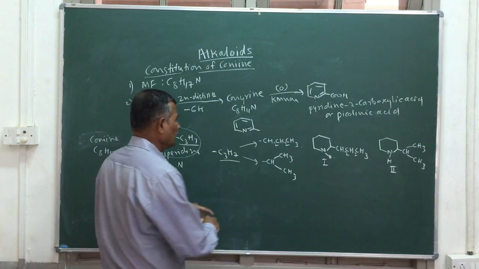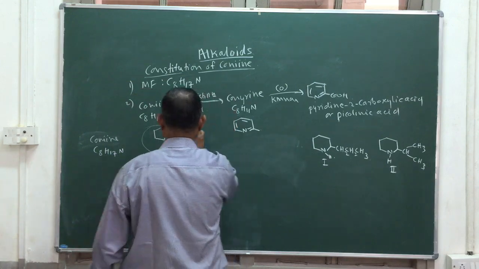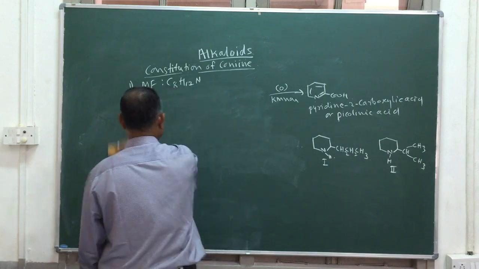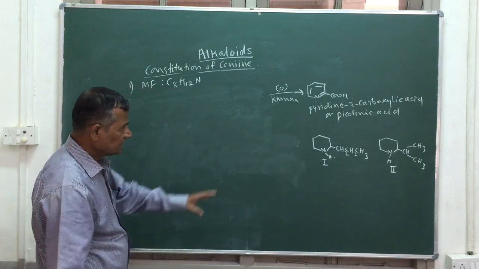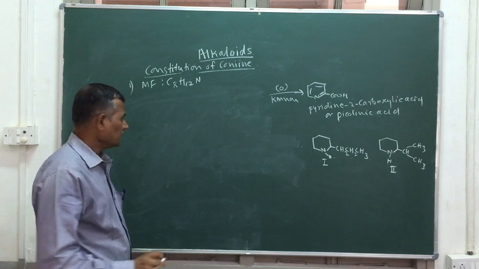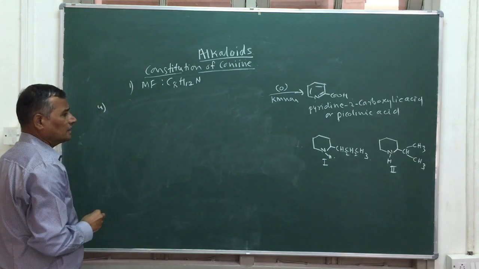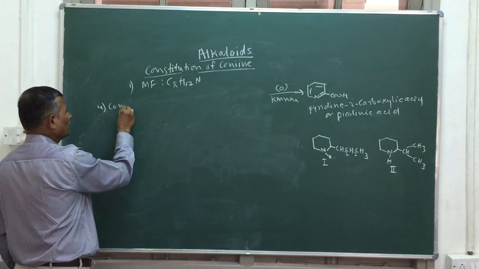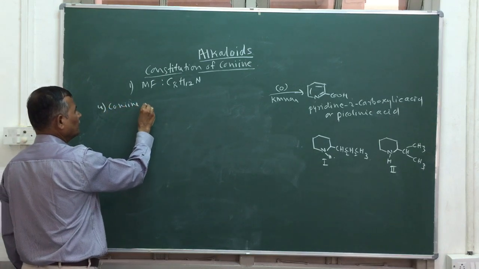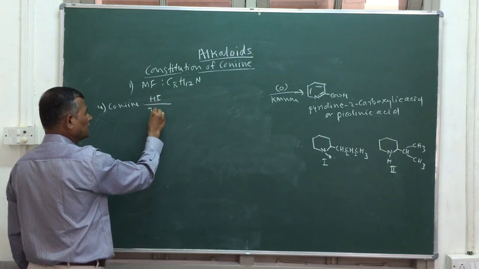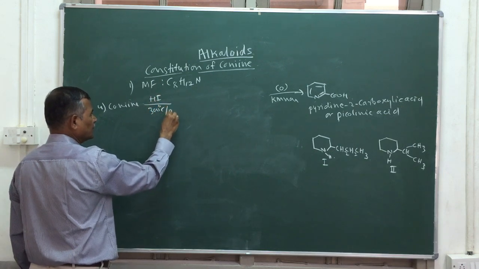So for that we use some reactions. Coniine is subjected to heating with hydroiodic acid at 300 degrees Celsius under pressure.